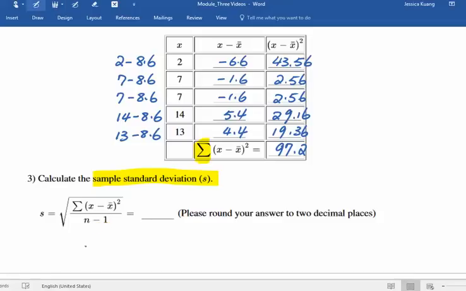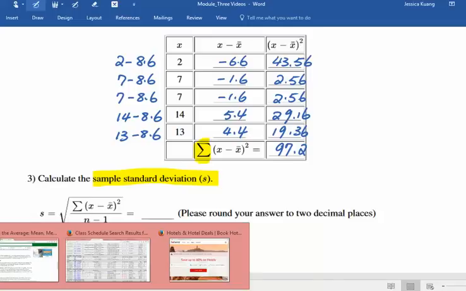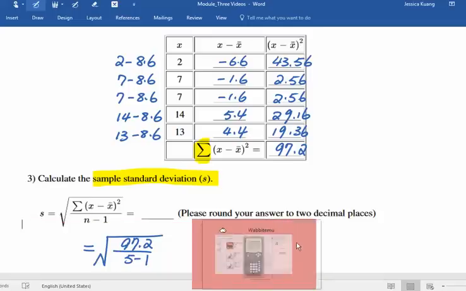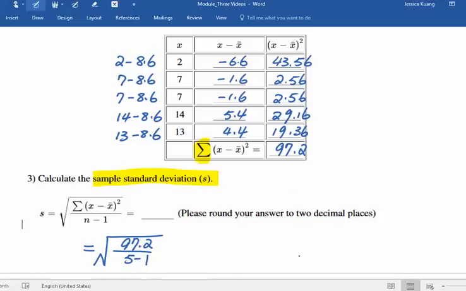So in this case, I will have the square root of 97.2 divided by 5 minus 1. The square root balances out the fact that I squared the differences. N minus 1 gives us what we call the unbiased estimation for standard deviation.